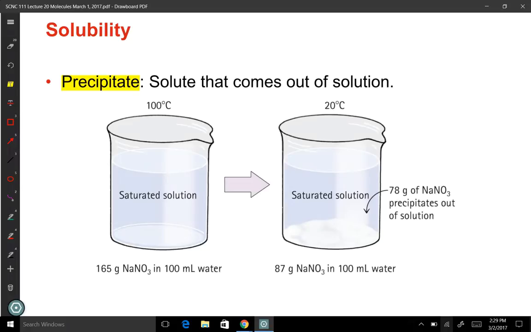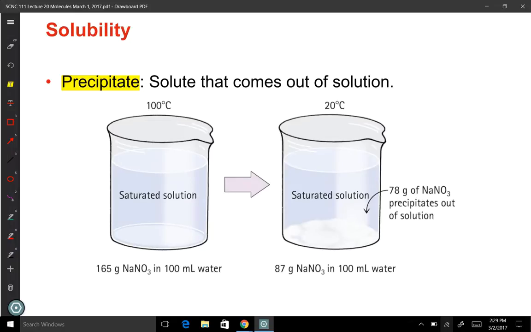And when we talk about precipitation in chemistry, we're talking about a solid falling out of the liquid. So you saw I had a dissolved solution here. If I put the right chemical in, I may be able to form a precipitate and have a solid fall out. So it'll start snowing inside, if you will, and form a solid at the bottom. So that's what it means by precipitate.